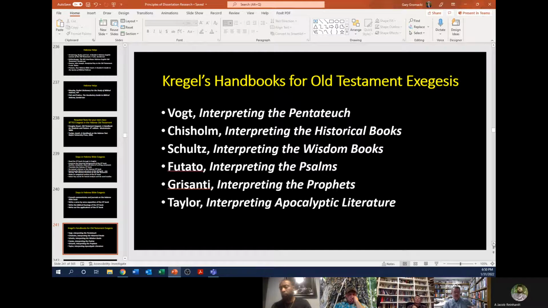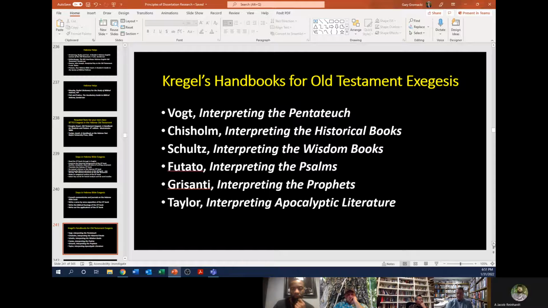You have a timeline, a section on what is narrative literature, interpreting narrative texts, from text to application, the themes of the historical books. So this is going to be specific things to look for as you begin to read and study different types of literature.